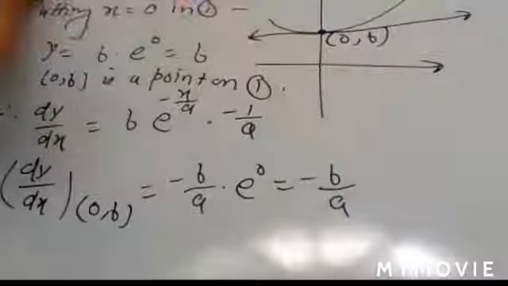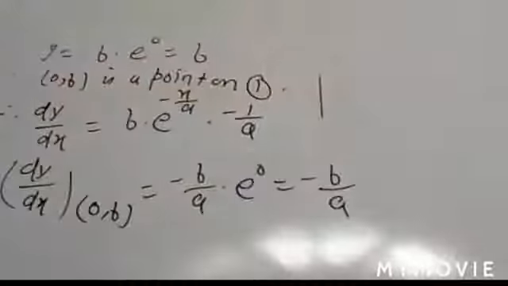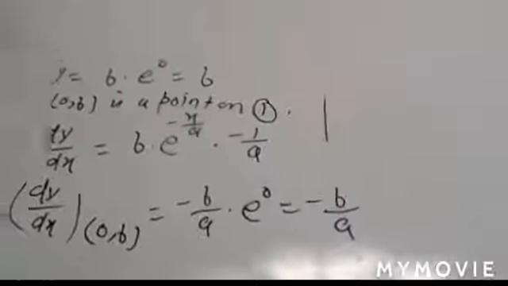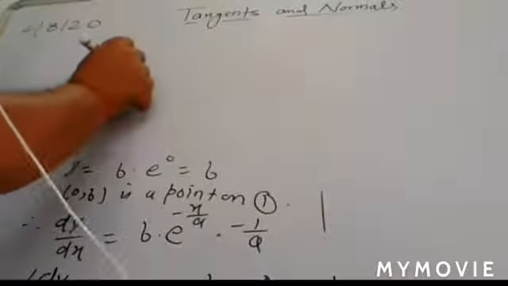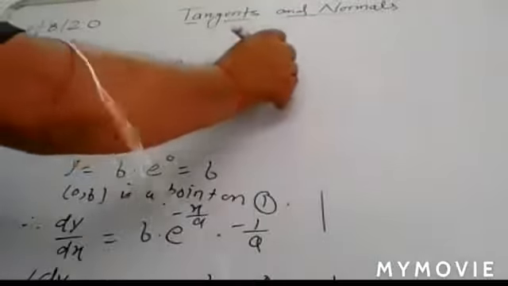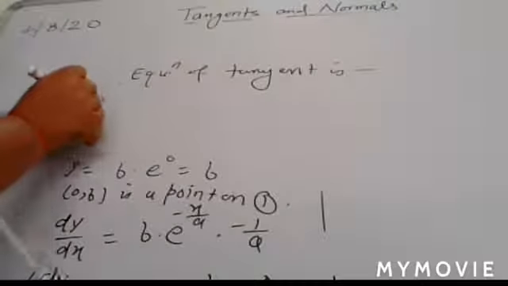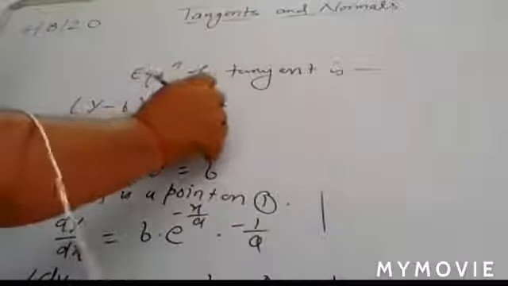So you write, the equation of tangent is y minus y1, so your y1 is b, is equal to minus b by a, means dy by dx at the given point, into x minus x1.